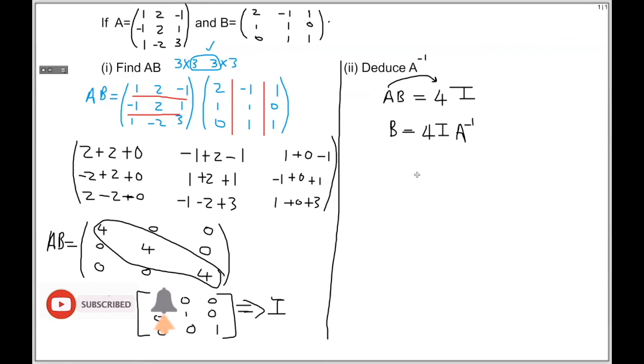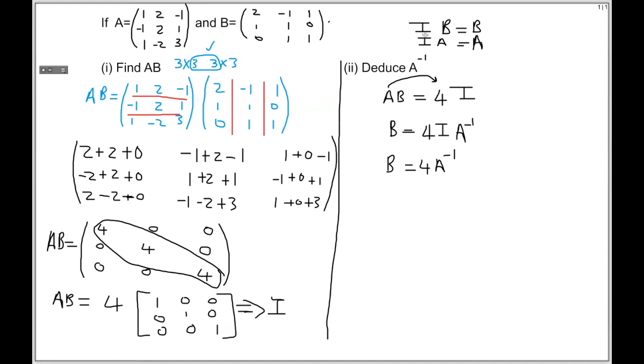Now, if I multiply the identity by a matrix, I get that matrix. If I multiply the identity times B, I will get B. If I multiply the identity times a matrix A, I'll get A. Identity means that when we have a matrix being multiplied by its identity, we will get the matrix that is being multiplied.